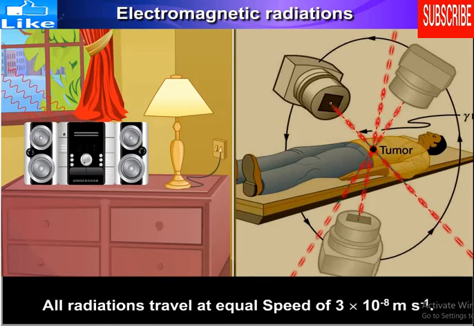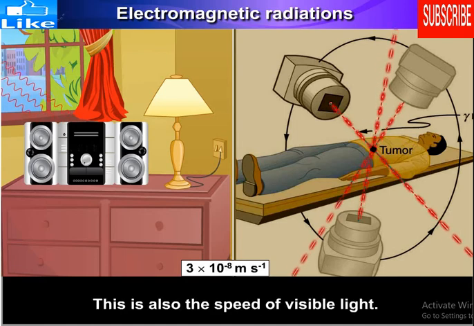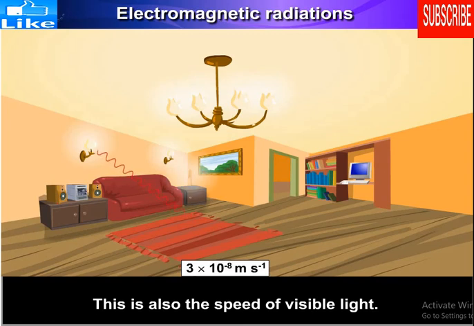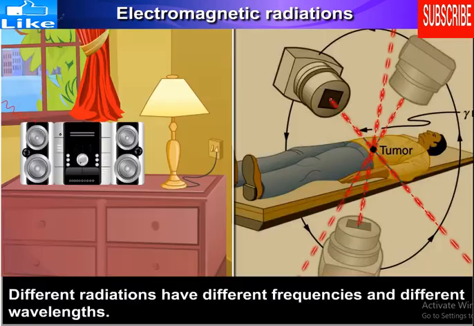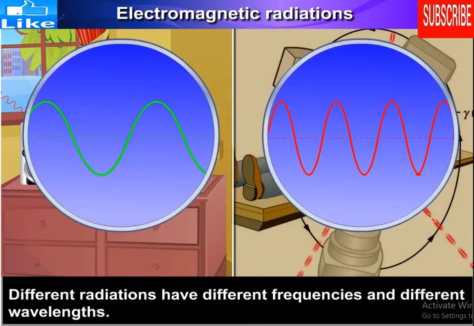All radiations travel at equal speed of 3 multiplied by 10 raised to 8 meter per second. This is also the speed of visible light. Different radiations have different frequencies and different wavelengths.